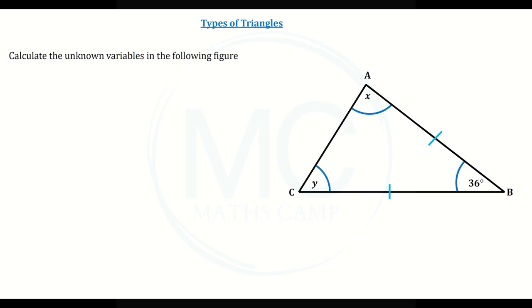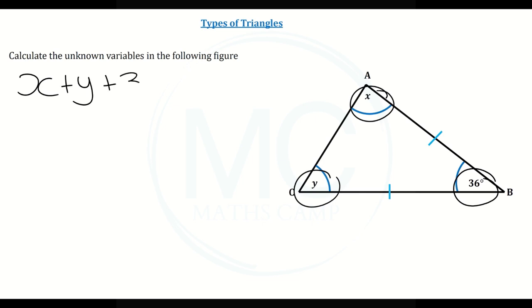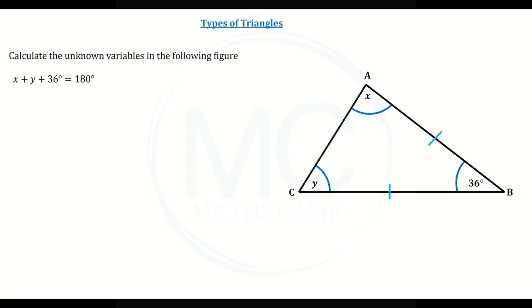Now, in this case, we know that the sum of the interior angles of a triangle is 180 degrees. So we have x, y, and an angle of 36. So we can say x plus y plus 36 degrees is equal to 180 degrees. In the triangle, we can see that side AB is equal to side BC because of these two small lines.